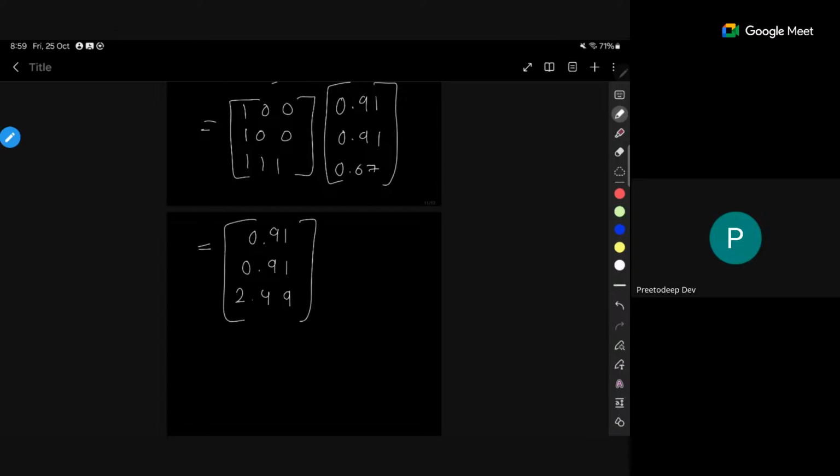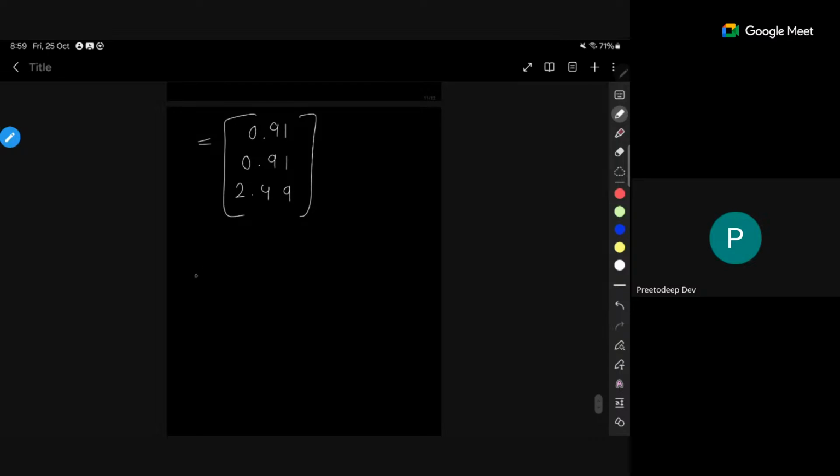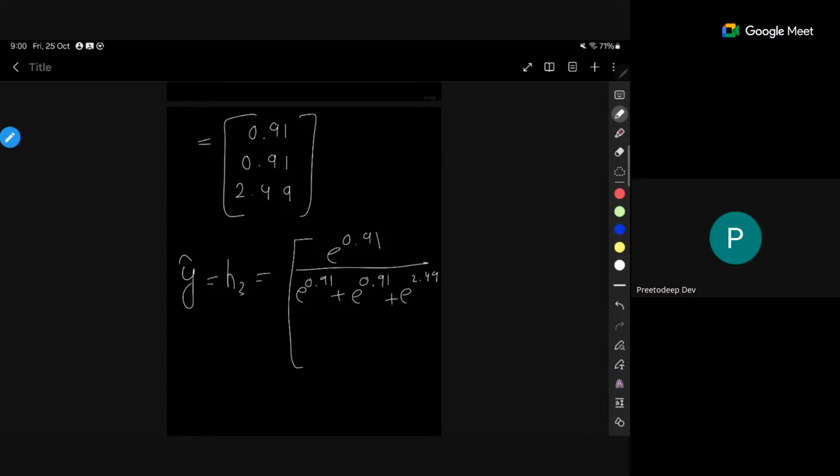Then I'll apply softmax over it, which I'll call y hat, which is H3 also. Y hat is e power 0.91 and then division by the summation of e power 2.49, the summation which I wrote first.